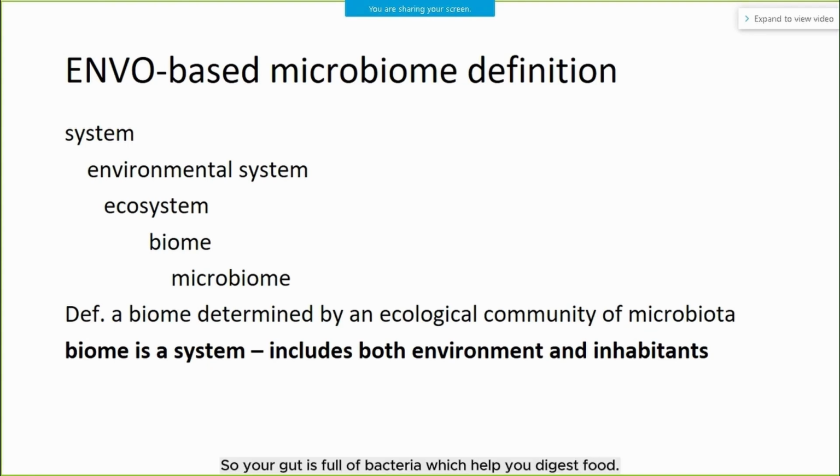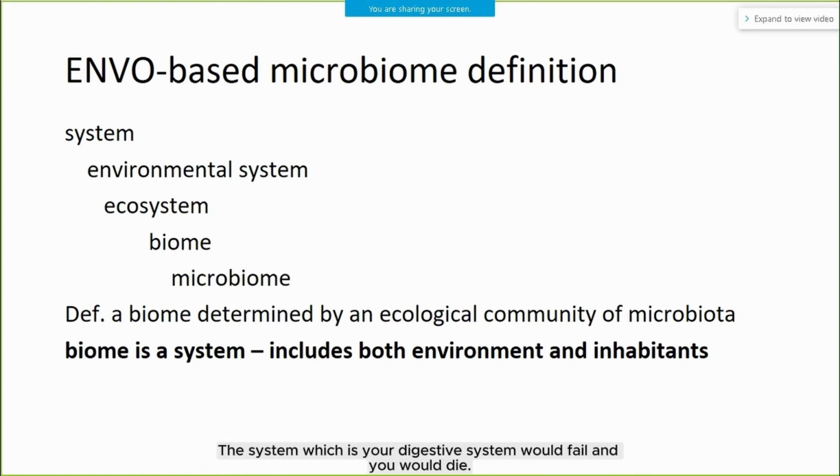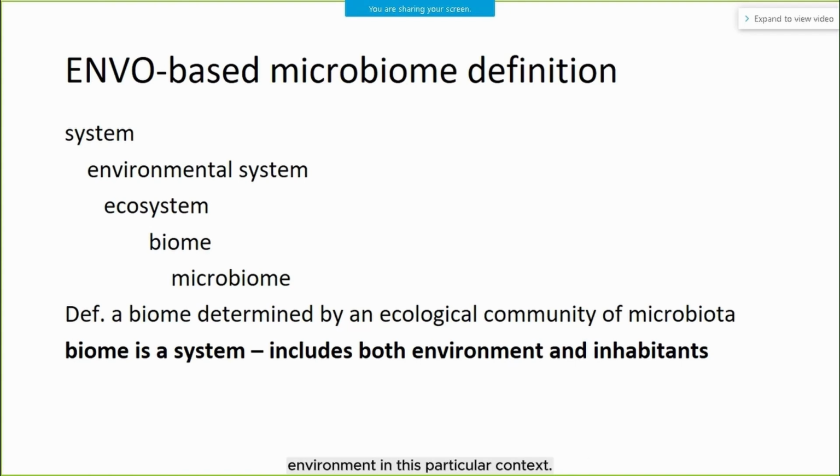So your gut is full of bacteria which help you digest food. Without those biota, you would die. The system, which is your digestive system, would fail and you would die. Okay. And the biome is a system. And what that means is that it includes both the environment and the inhabitants of the environment in this particular context.